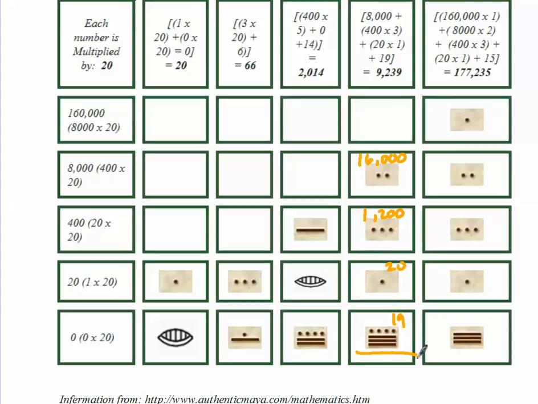So you add them all together, and you get 17,239. Oh, there's a mistake on this one, because 2 times 8,000 is not 8,000, it is 16,000, and we all make typos from time to time. So that's basically how it works.